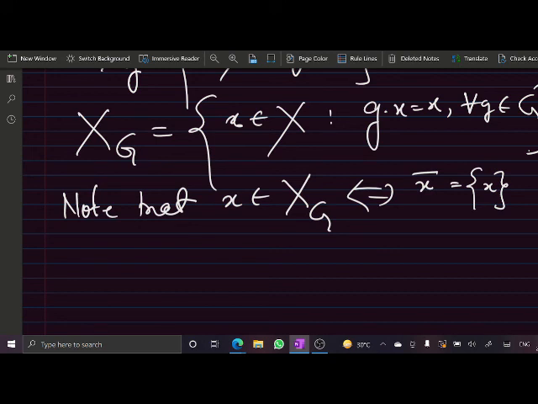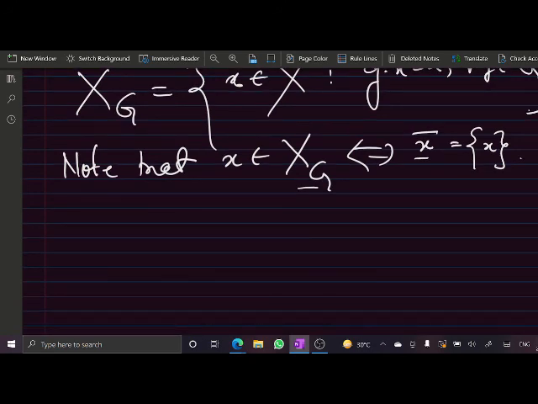Okay, so if x belongs to X^G, then the orbit will be the singleton set {x}. Okay. So now X can be written as a union of orbits, but x belongs to A.